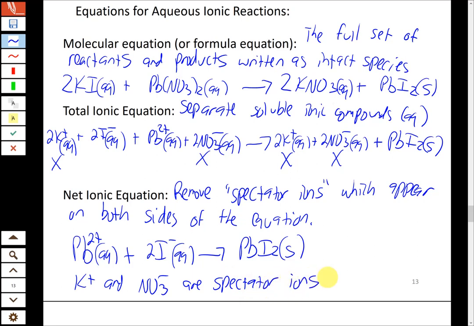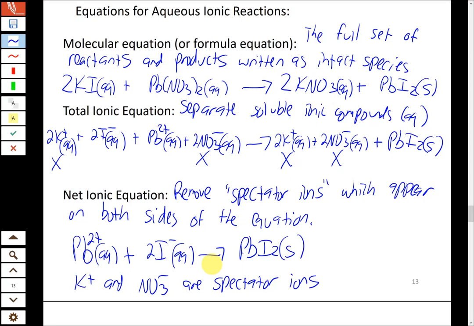All right, and that means they just stay dissolved in the solution the whole time, and they don't participate in the net reaction, because the net reaction is forming lead iodide as a precipitate, which involves the combination of lead 2 plus and 2 I minuses. So this would be the net ionic equation, just showing the ions that combine to form whatever the precipitate is on the right side of the equation.